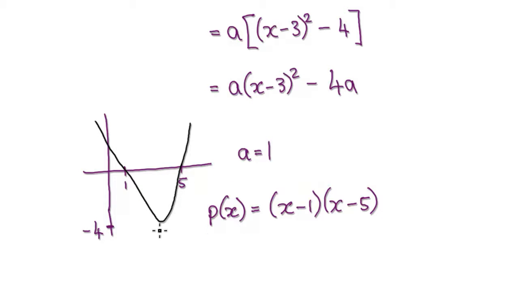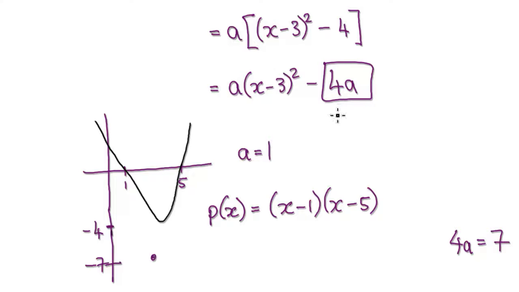So let's suppose you want it at not -4, but let's say -7. So you're trying to get this to be -7. On a blank space somewhere, do this: 4a equals 7.